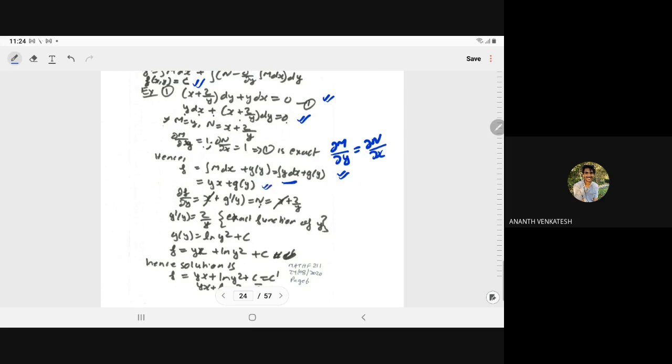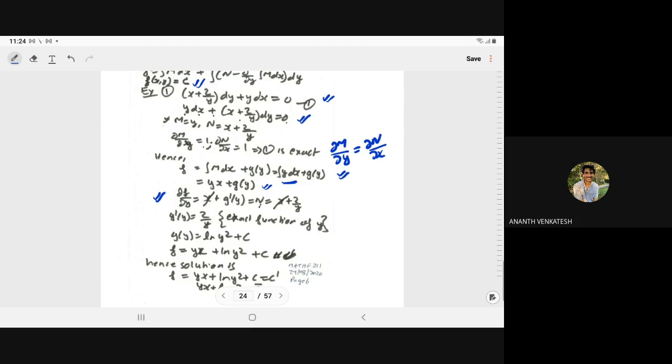Now when we differentiate this with respect to y, del f by del y will come x plus g dash y. But del f by del y is equal to N, and N is x plus 2 upon y.